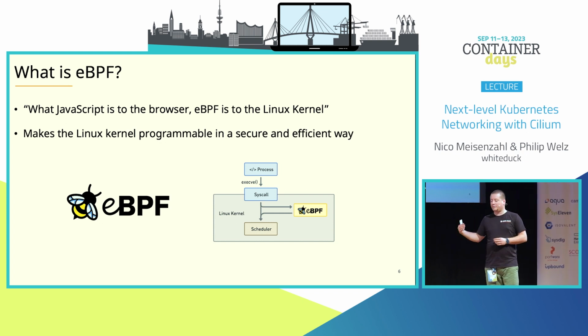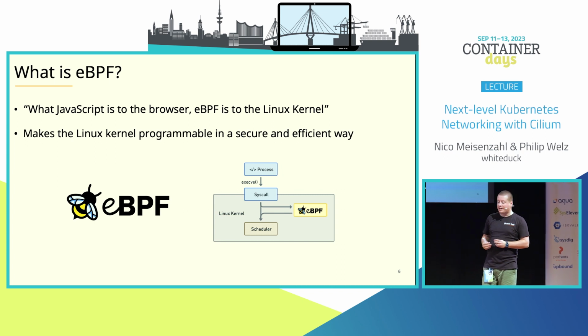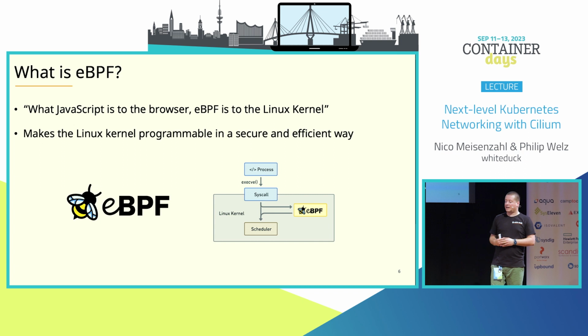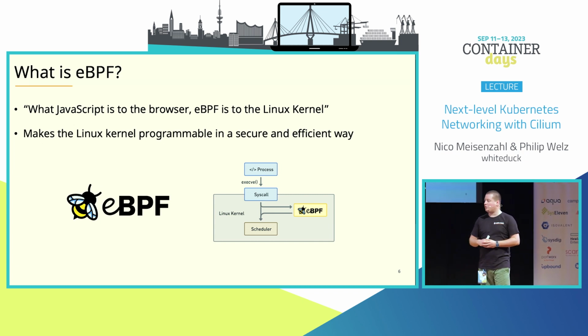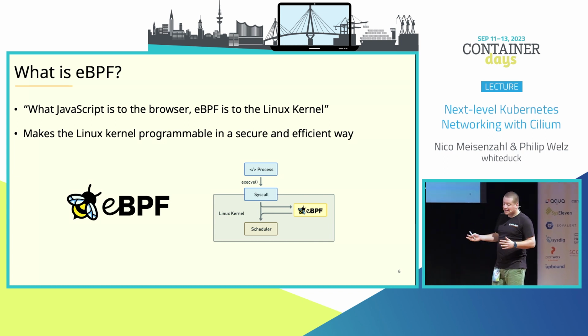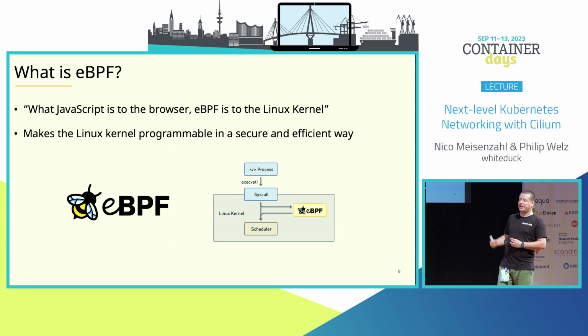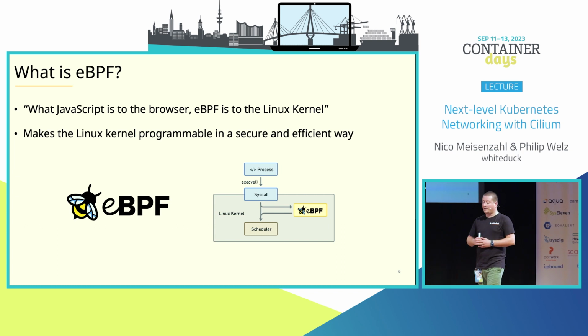We can hook into a specific event, to then run and schedule the specific code you would like to run. So basically, it's what JavaScript is to our browser, eBPF is to our Linux kernel. So we can securely configure things to run on specific events.